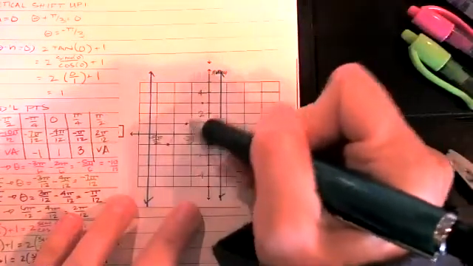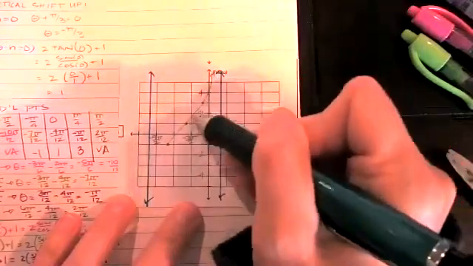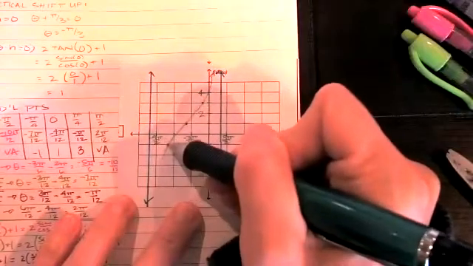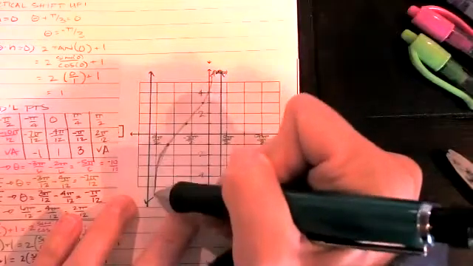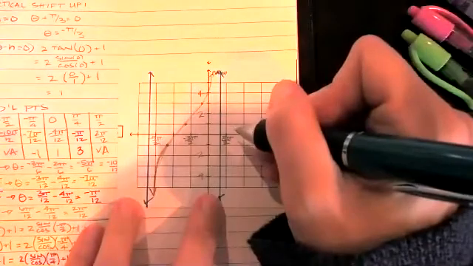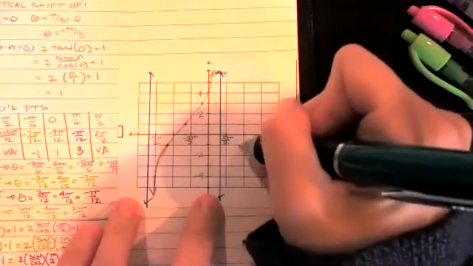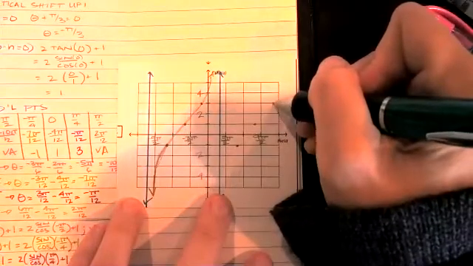So here's our graph. It comes up there, and here's the other end of it coming down over here. Something like this. And so repeating that pattern, we've got here, we've got here, and then we have there. Yes, okay.